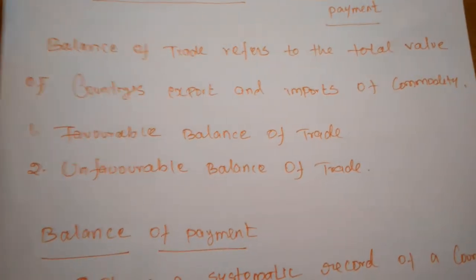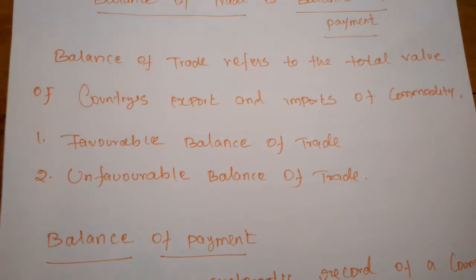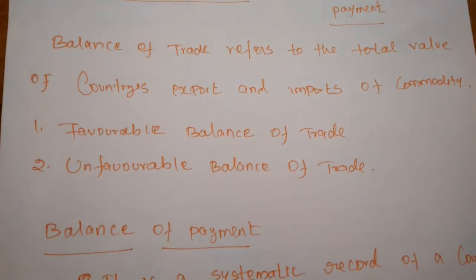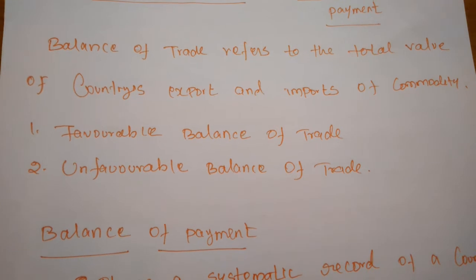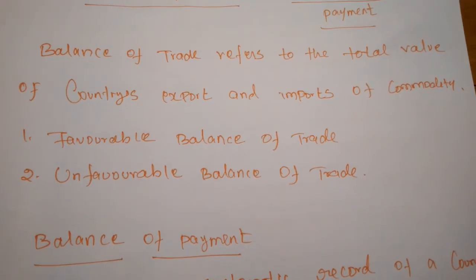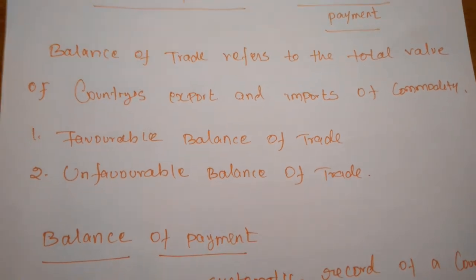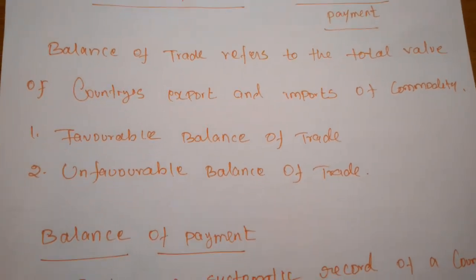Some services and payments are also available in international trade, but they are excluded here. So how the commodities move from one nation to another is considered the balance of trade.